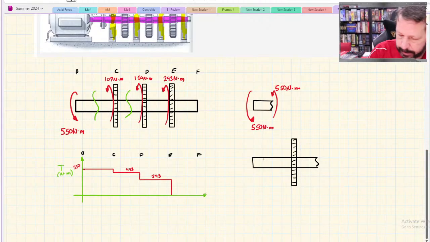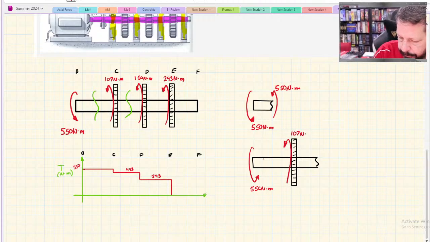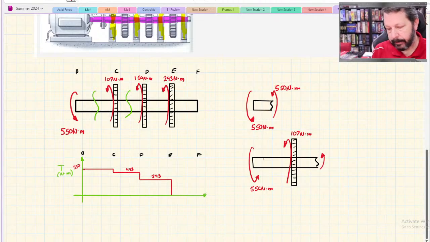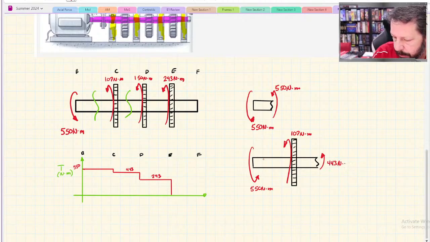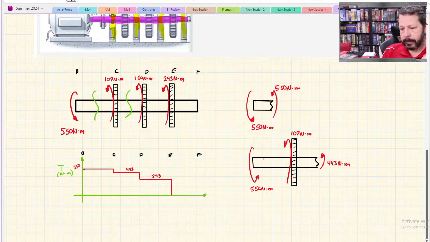And I've got the 550 in, and I've got the 107 out, and then that leaves 550 minus 107 is 443 Newton meters in that section.